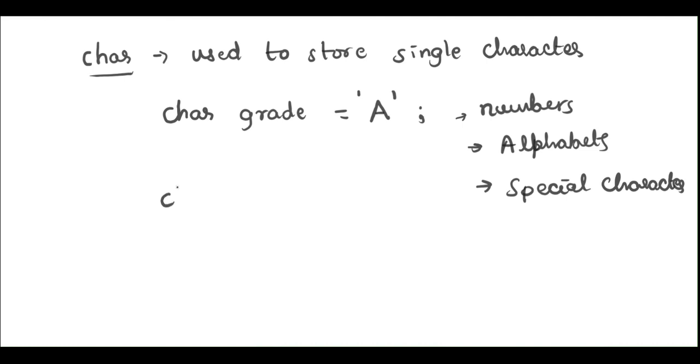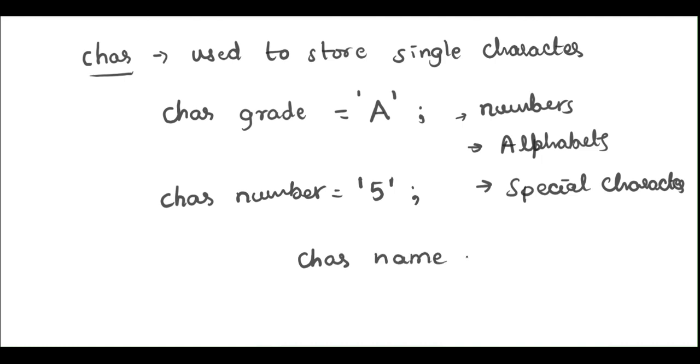We can declare char number is equal to, I can store only a single character. For example, I just store 5. That should be enclosed between single quotes. This is the char data type and we cannot store data like this. For example, I just write char name is equal to Virat.